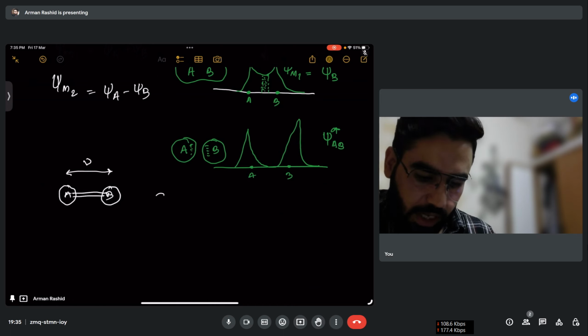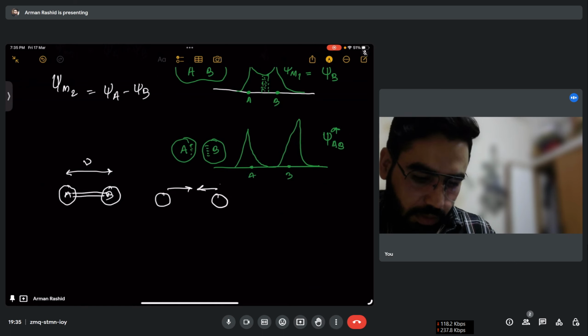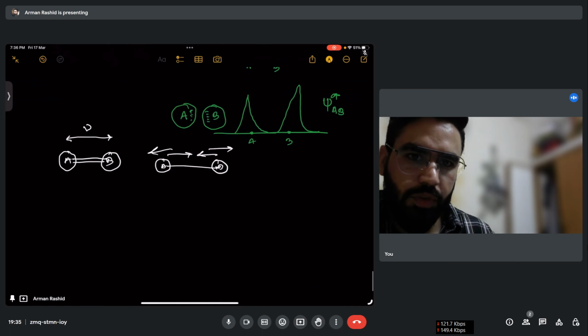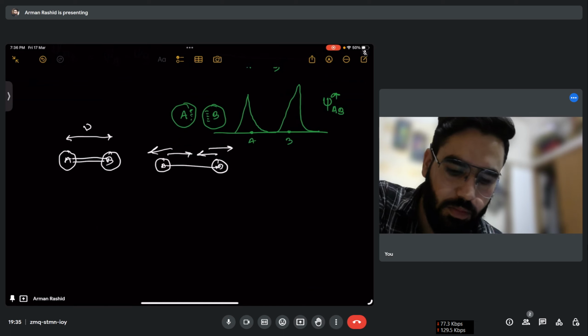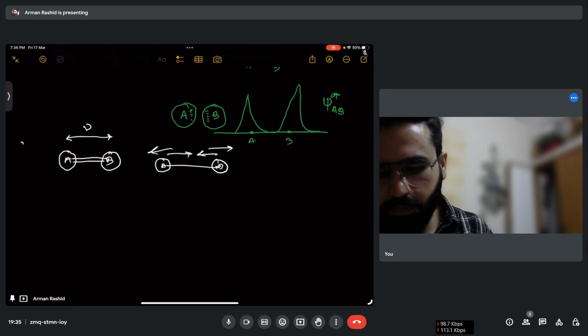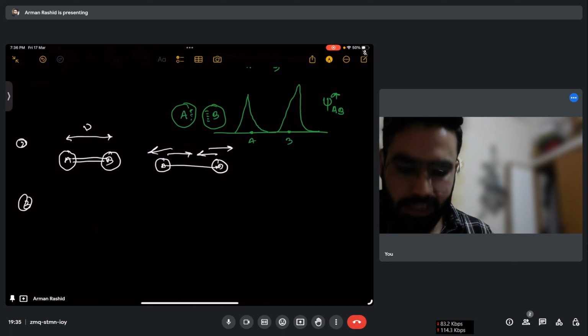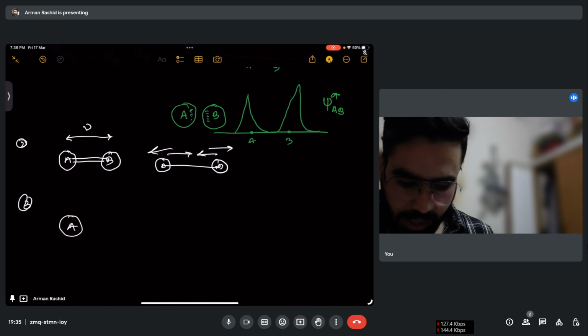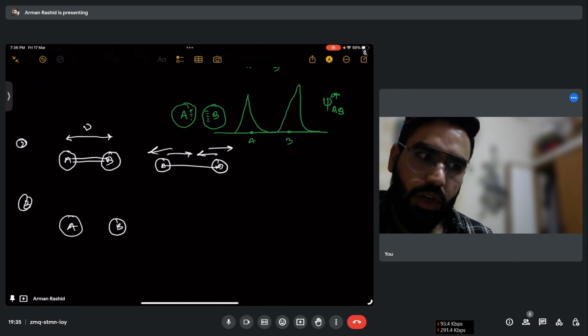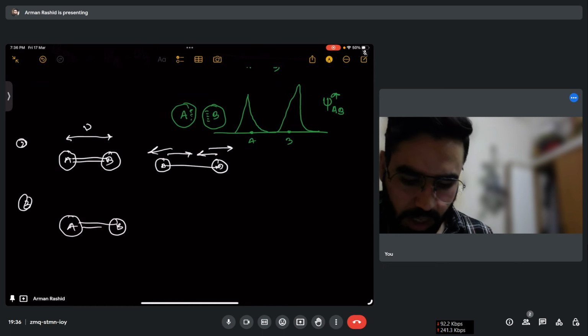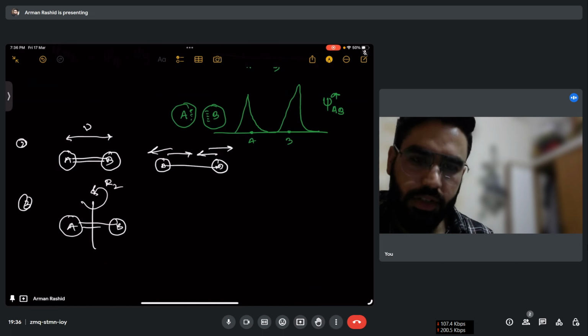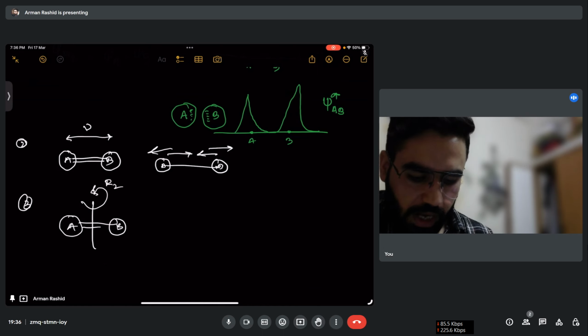They can go this way or in the opposite direction, and because of that you will have different vibrational states. But that is not all, since these are not points or spheres, they can rotate in different directions. As a result, we will have rotational states.